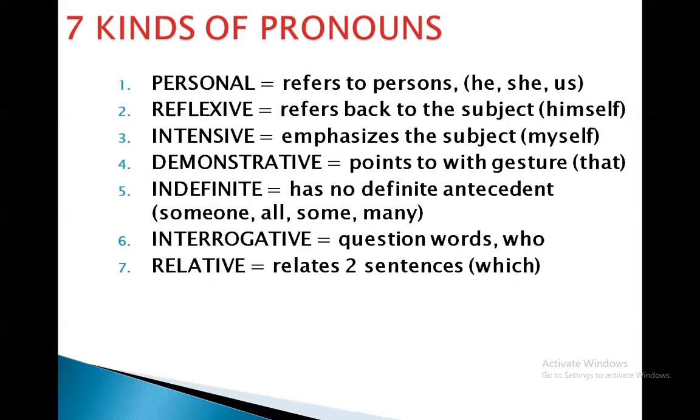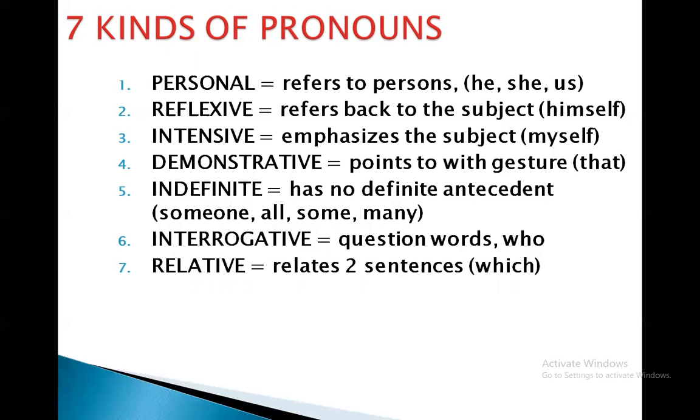These are the personal pronouns which we use very frequently. Let's see what a personal pronoun is. A personal pronoun refers to a person: he, she.